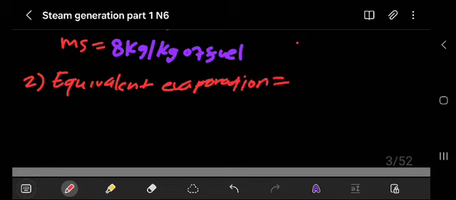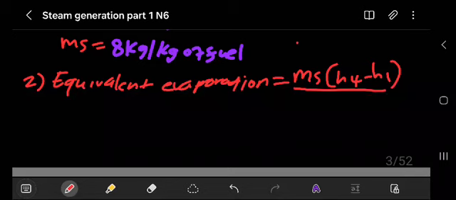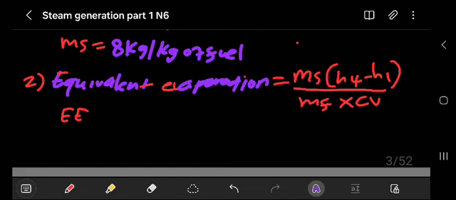We know equivalent evaporation would be the mass of steam multiplied by H4 minus H1, over the mass of fuel multiplied by the specific calorific value. Most of the time this is denoted by EE.